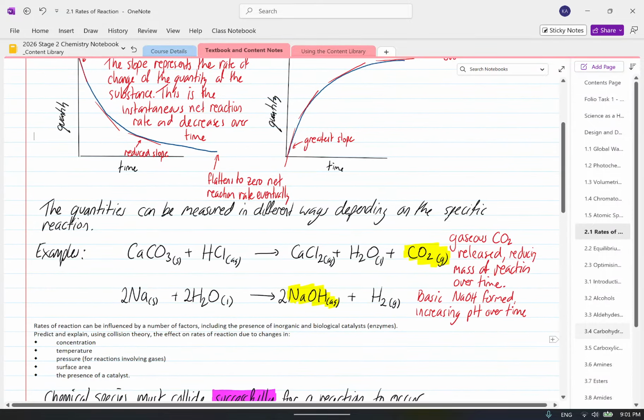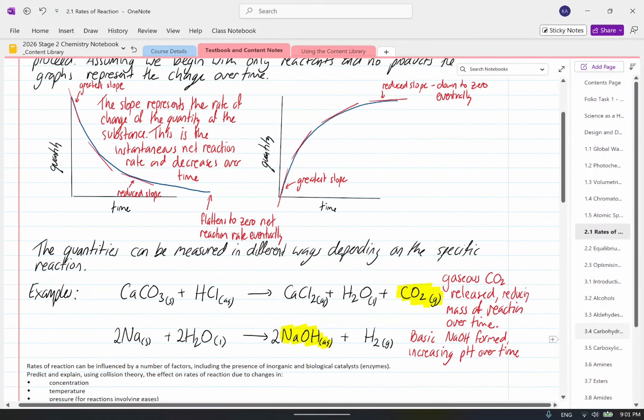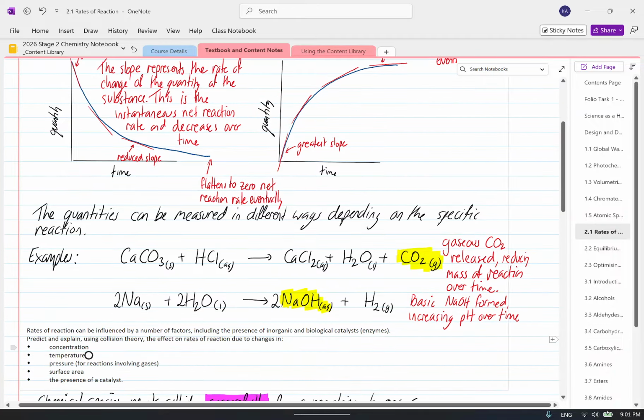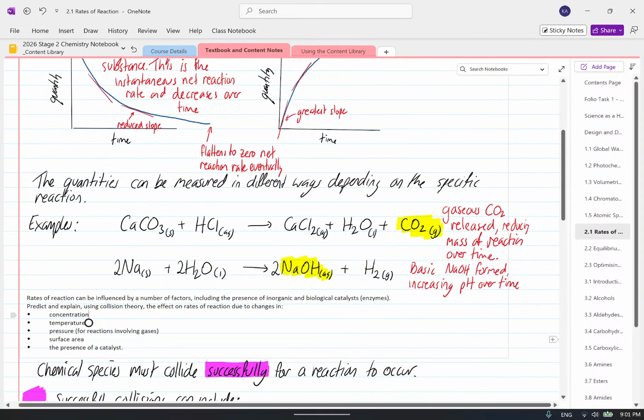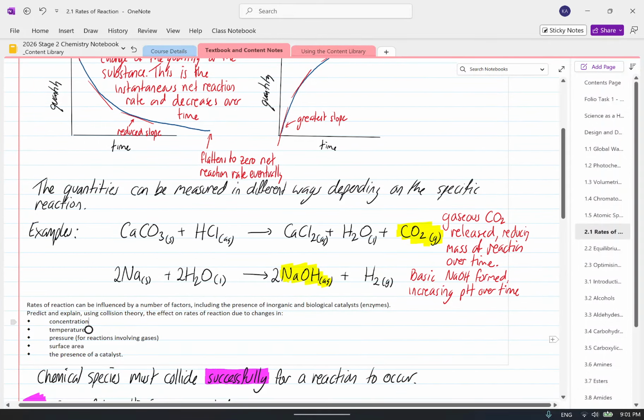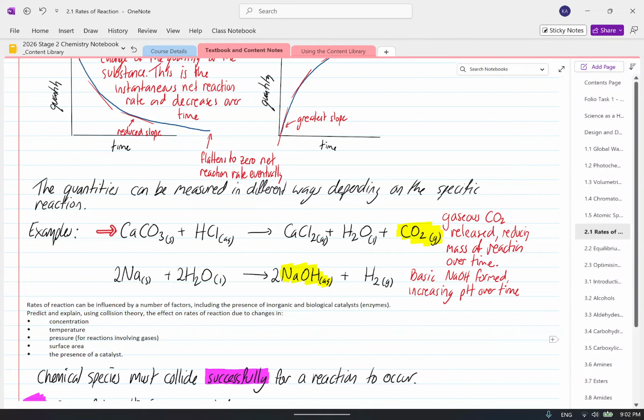So moving on, these quantities that I mentioned here, those can be measured in a number of ways. So a common way would be to measure the mass of a reaction mixture. This first example here, we see calcium carbonate reacting with hydrochloric acid. It becomes calcium chloride, water, and CO2, which is gas.